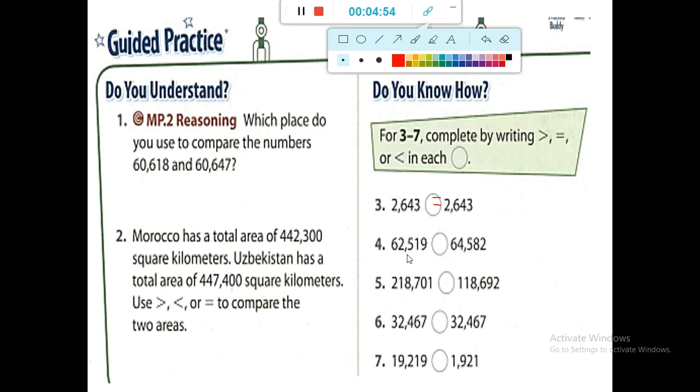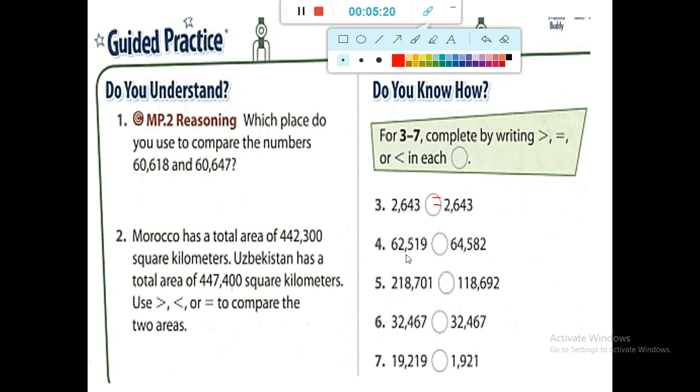Before I start comparing from the left, I need to look at the number of digits. What I mean by this: here we have 5 digits and here we have 5 digits. So we start comparing from the left. 6, 6. In the thousands place, here we have 2, but here we have 4. So they are different. I continue comparing until they are different.